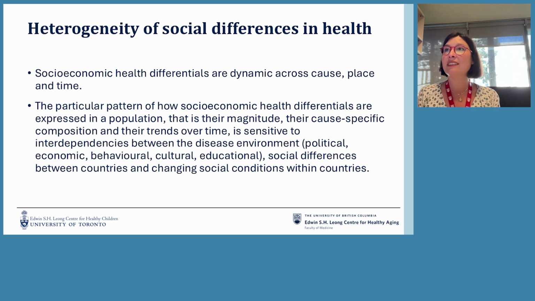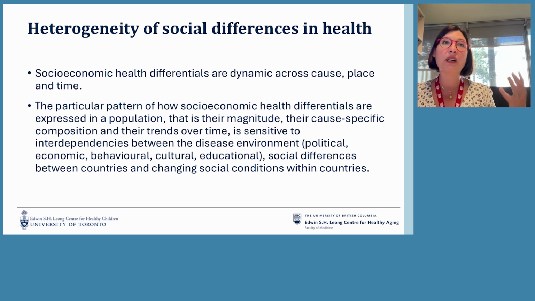The heterogeneity of social differences in health makes it difficult to give an answer to what explains inequalities in health and what explains the impact of the social determinants of health on health, because whatever explanation we can find is only valid in that specific context, in that specific time, or for that specific outcome being investigated.